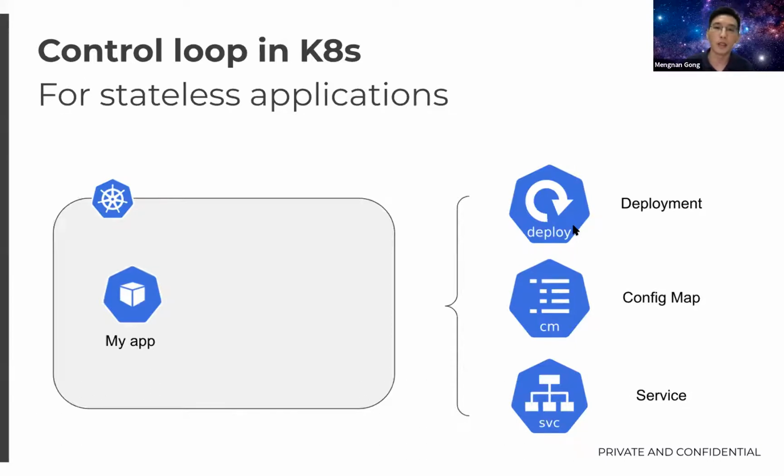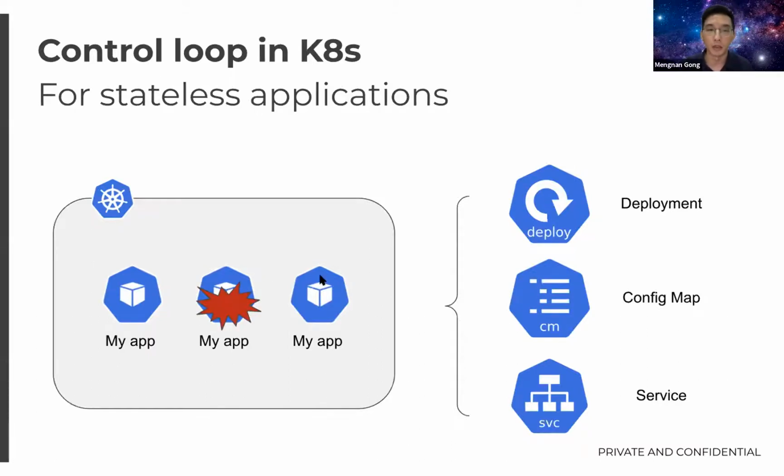Deployments manage your replicas, config map manages your configuration, and service makes your application accessible by others. If you want more replicas for your application to achieve HA, Kubernetes can bring you 2 more pods. And of course there is failure recovery. If one of the applications is down, Kubernetes will replace it with a new one.